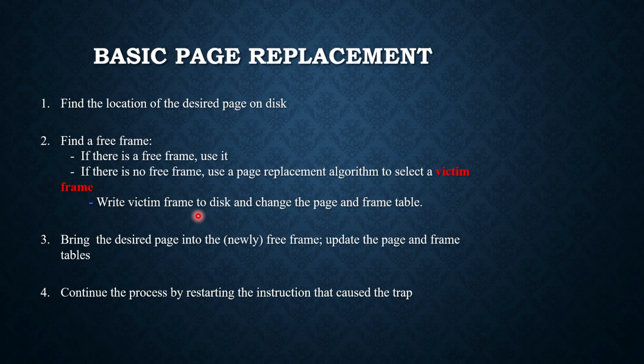Now that particular frame is free because the victim frame has been copied back to the disk. Then bring the desired page into the newly free frame, then update the page and frame tables.